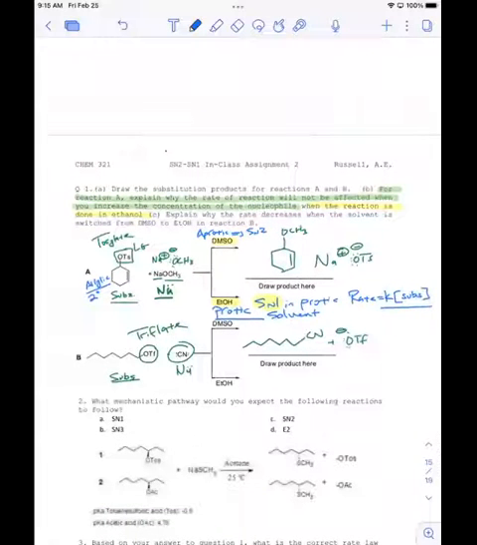Right. So the answer to the question, explain why the rate of reaction will not be affected when you increase the concentration of the nucleophile when the reaction is done in ethanol, and ethanol is going through an SN1 mechanism. So the rate law doesn't include the nucleophile.